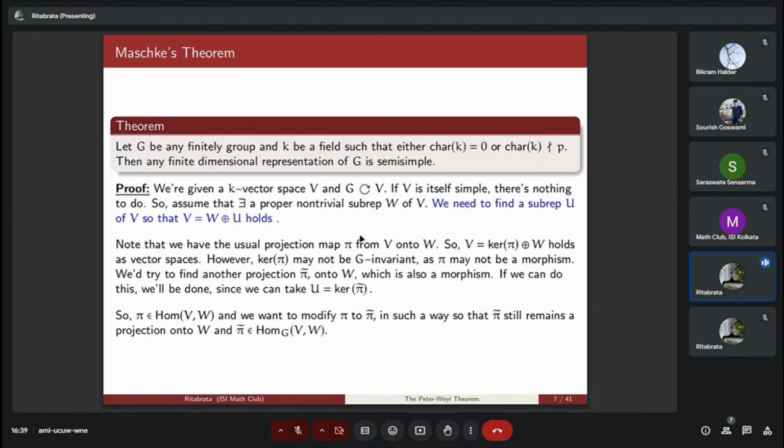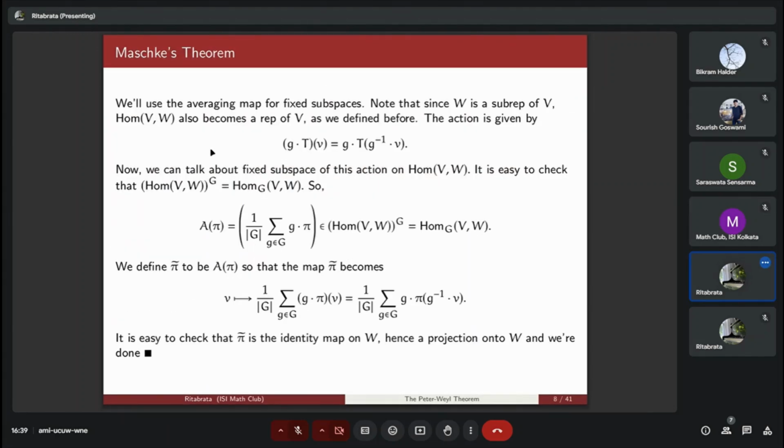Since V and W are representations of G, Hom(V,W) is also a representation of G in the following way: (g·T)(v) equals g(T(g inverse · v)). So we can also talk about the fixed subspace of the Hom representation. We can easily check that by this action, the fixed subspace of Hom(V,W) is the same as all G-linear maps from V to W. This is straightforward to check by hand.